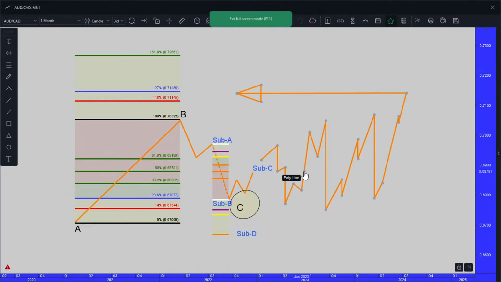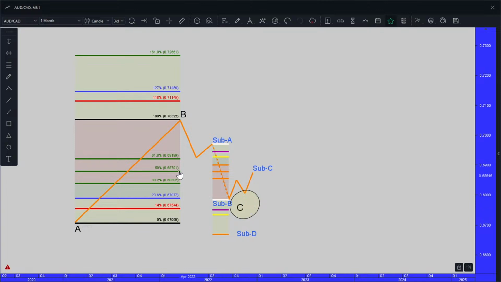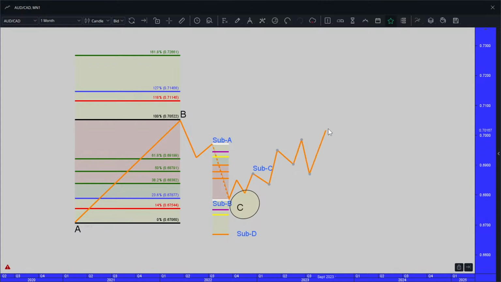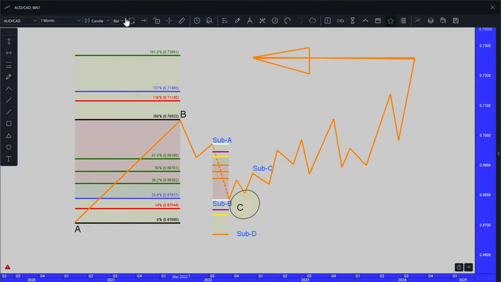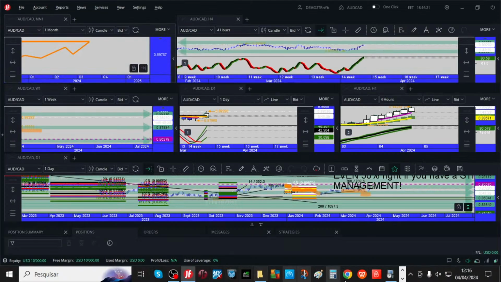This means that once you found the conformity, the market 7 times out of 10 can do different things, but it's not going to turn back. Alright, does this make sense to you? That's the difference.